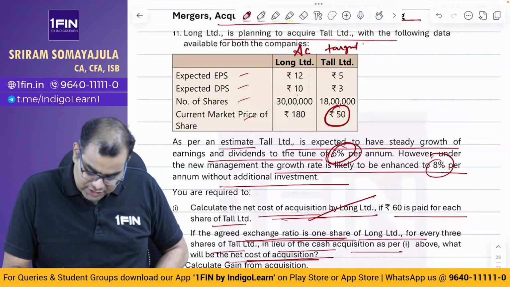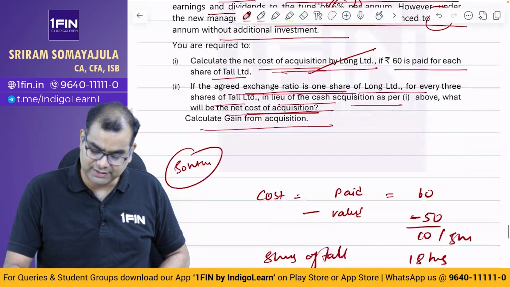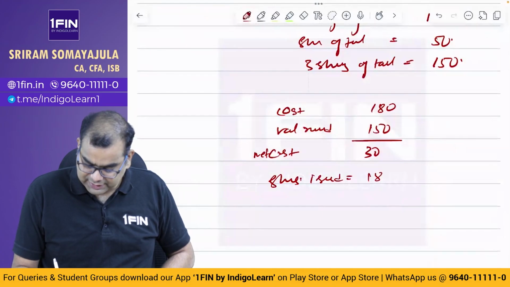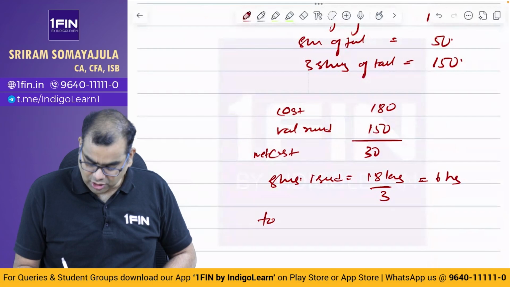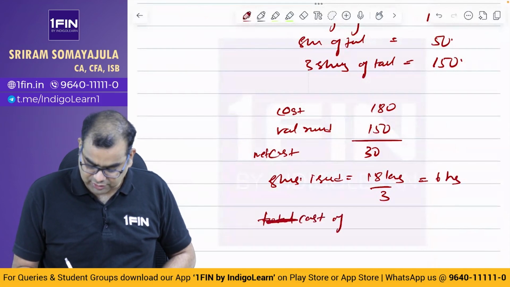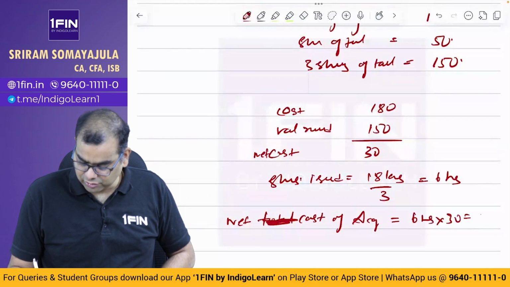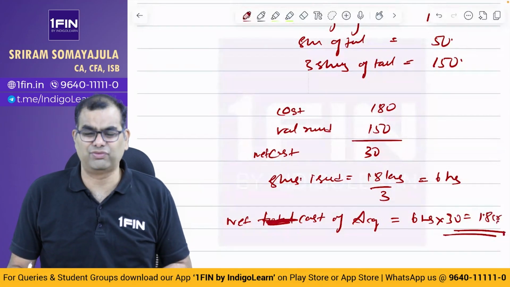The number of shares of Tall is 18 lakhs, so we issued 18 lakhs divided by 3. Shares issued is equal to 18 lakhs divided by 3, that is 6 lakhs. Total cost of acquisition, or net cost of acquisition, is equal to 6 lakhs into 30, that is 1.8 crores. Same thing. This is the same answer. Now they have given an alternative solution also, which I don't fully agree with.